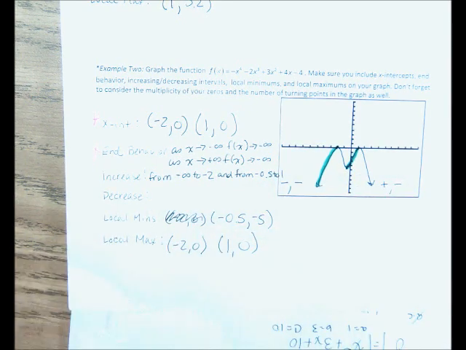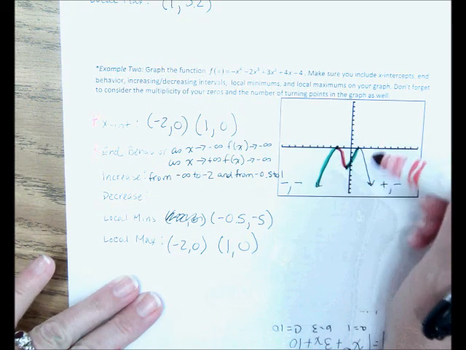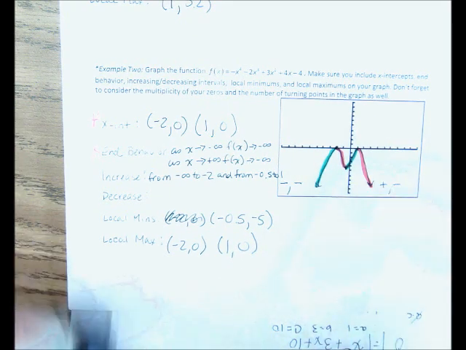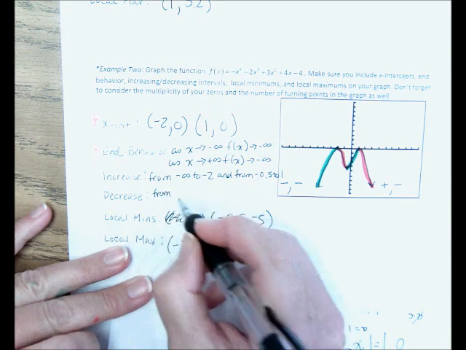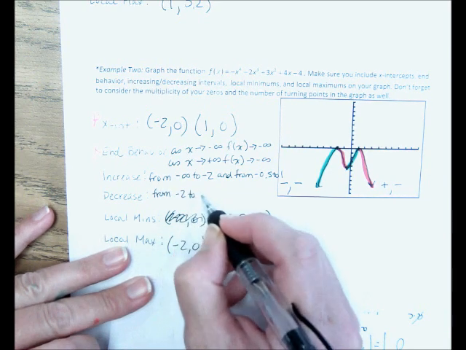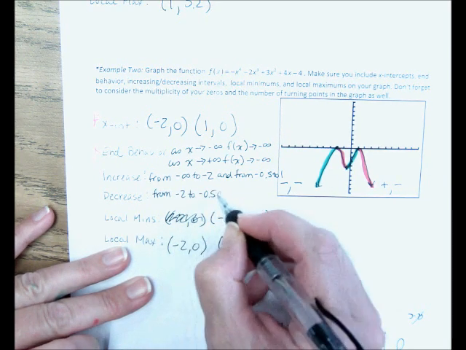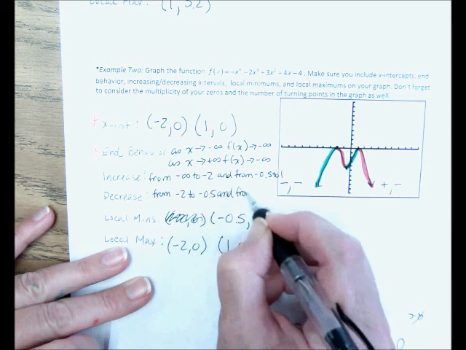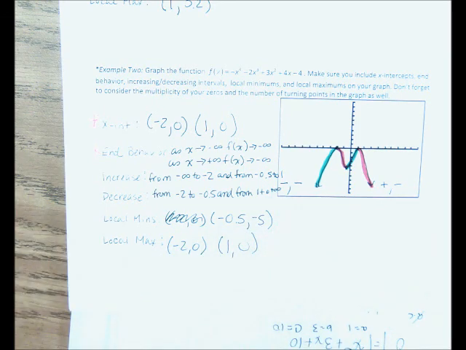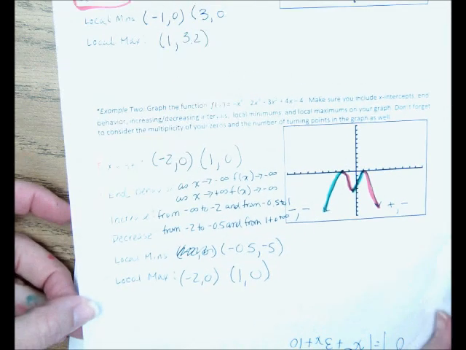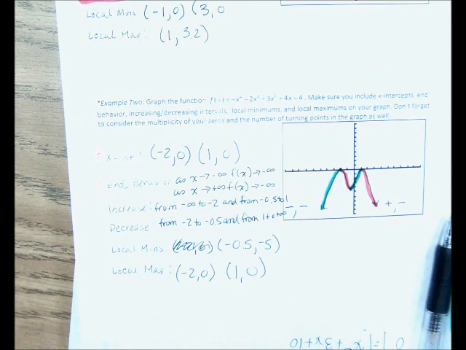And then it's going to decrease from negative 2 to negative 0.5, and then from 1 to infinity. So hopefully that helps you understand how to interpret and analyze graphs of polynomial functions.